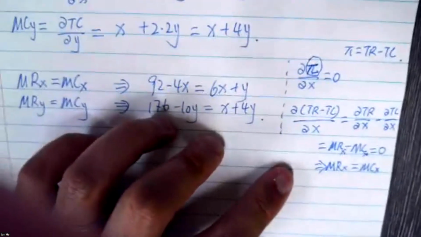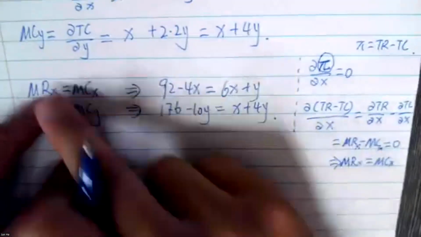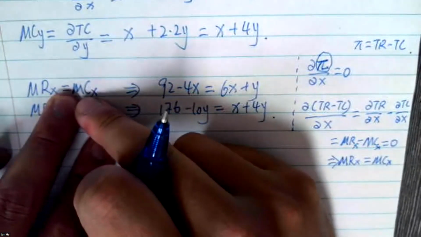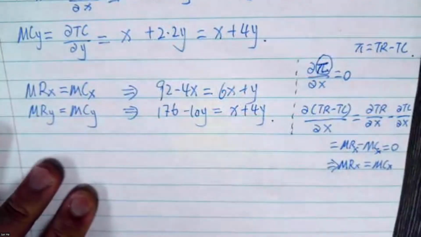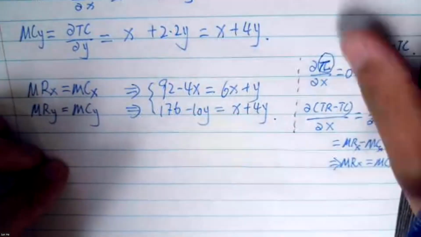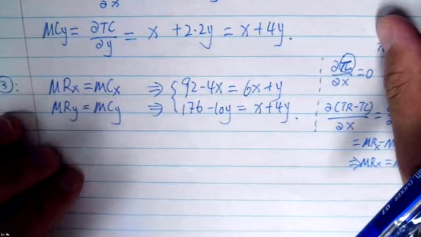So that's why we have this kind of matching: marginal revenue of whatever equals marginal cost of whatever. Okay, so now we have these two equations and two unknowns, x and y, and we can solve them.